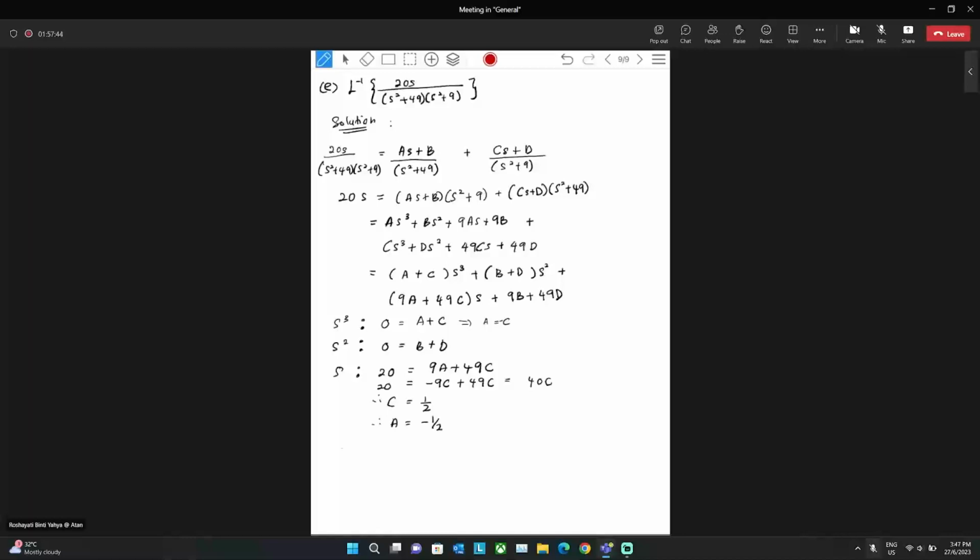So for s to the power of 0, or a constant, the left hand side is 0, the right hand side is 9B plus 49D. We know that B equals negative D. So 0 equals negative 9D plus 49D, equal to 40D.